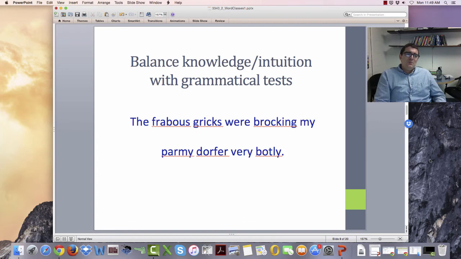So we could guess that Gricks is probably a noun here. It has a plural S: one Grick, two Gricks. It seems that Frabbis is an adjective. What kind of Gricks? Frabbis Gricks were brocking. So we know that verbs generally have that -ing, so were brocking is an action, so brocking is a verb.